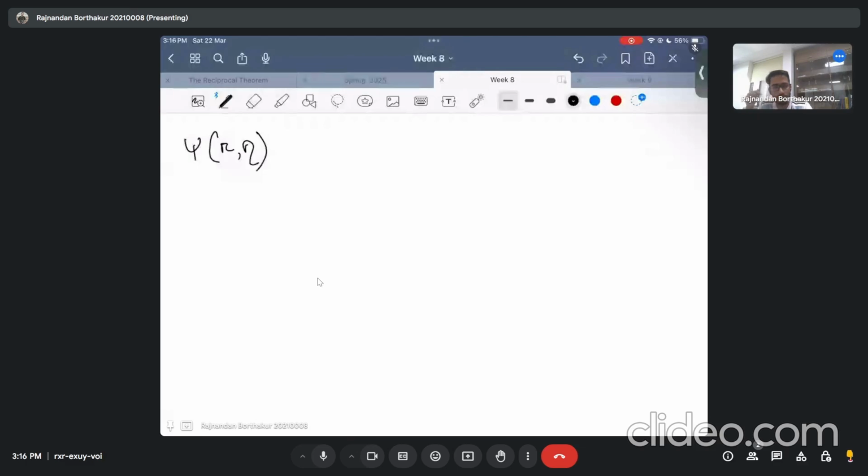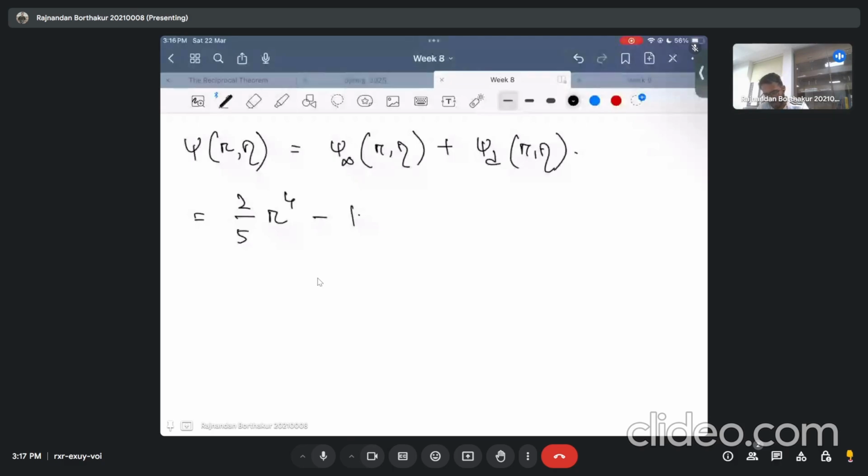We can write this because the governing equations are essentially linear, and that's the reason we can decompose psi into psi infinity and psi disturbance. Psi disturbance is also a function of r and eta. And psi infinity we have already evaluated: it is 2 by 5 r power 4 minus 1 minus capital U, which is the unknown velocity of the sphere we are yet to find out, times r square.